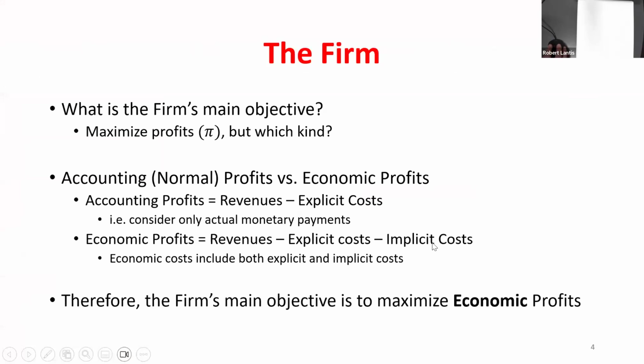So if the implicit costs start to get pretty high, if I'm foregoing larger amounts of money by not investing that capital into mutual funds or whatever, potentially my economic profits could be negative, right? When in fact, my accounting profits still could be positive. So the goal of the firm is to consider those opportunity costs, or implicit costs, and maximize economic profits.